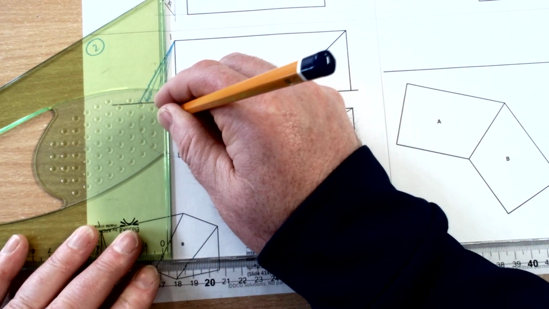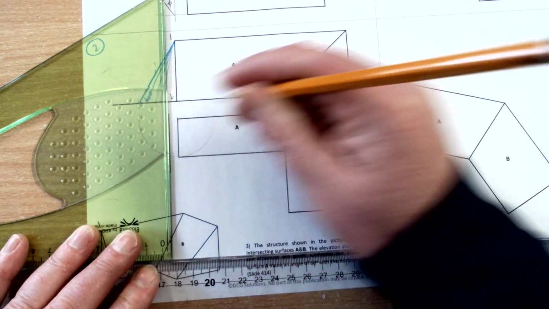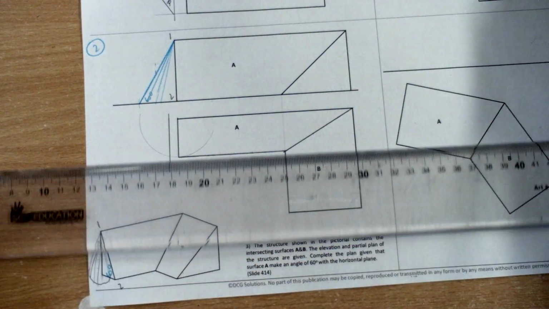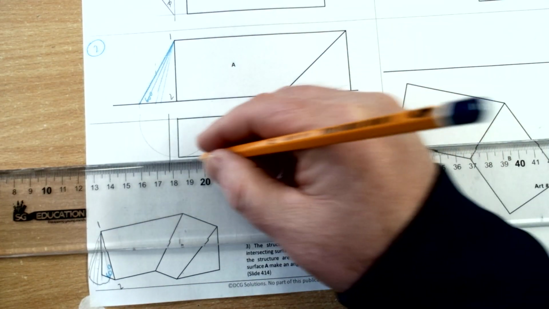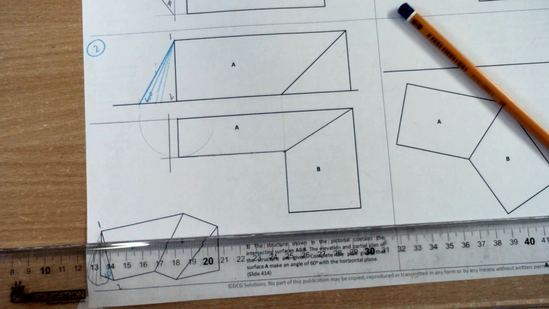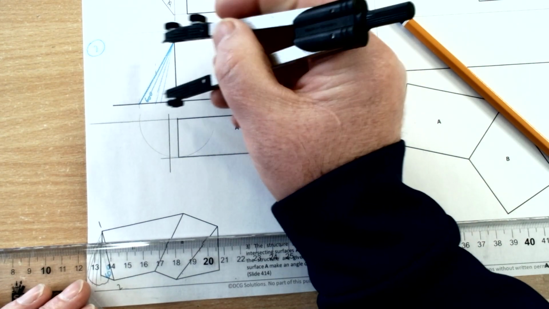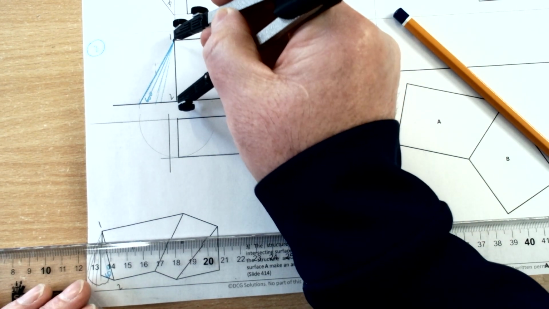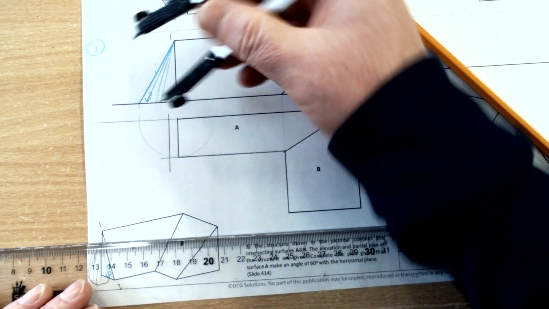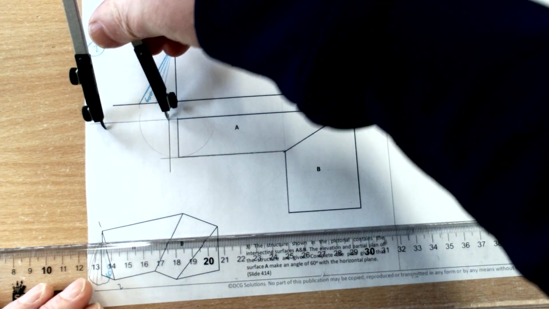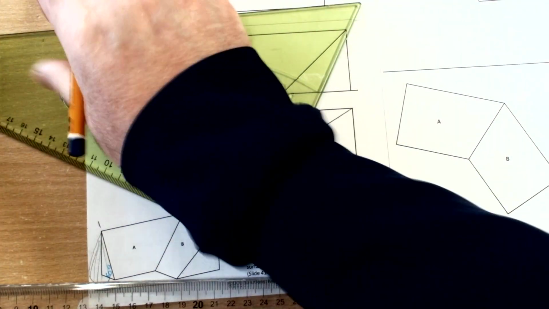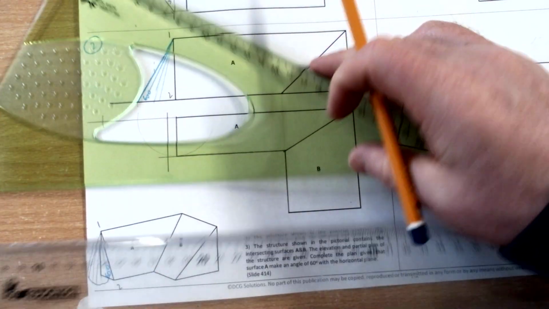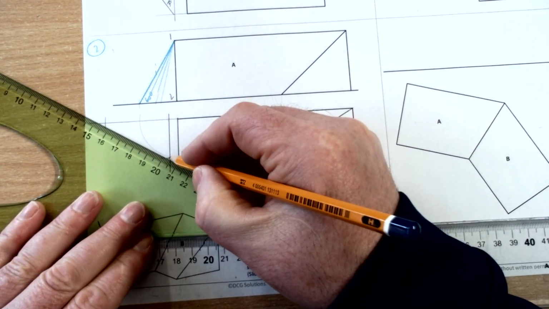Now, I could also have done this using an auxiliary. If I set up an XY line there, projected this out, projected that out, take the height of the top of that surface here and go off at an angle of 60 degrees to the ground, which would be like this.